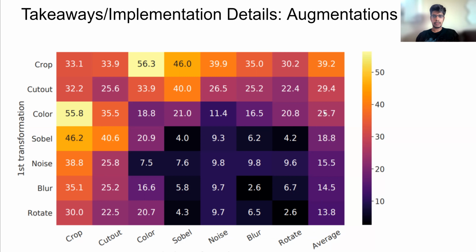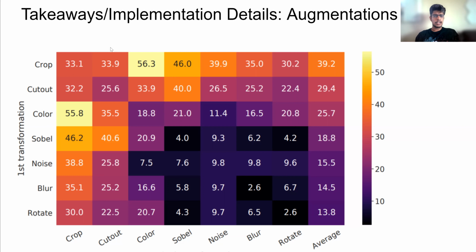Cropping gives you 39.2 accuracy. Everything else, cutouts, color, is lower; this is average accuracy. So overall cropping seems to be most effective. Interestingly, cropping with color distortion apparently helps a lot.